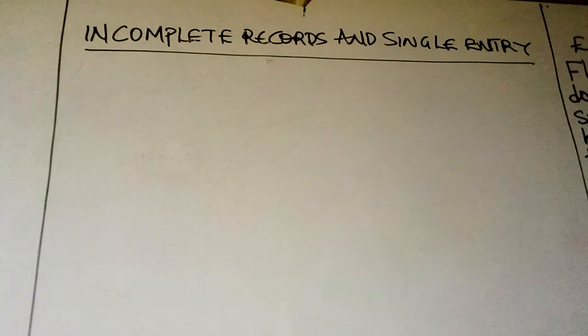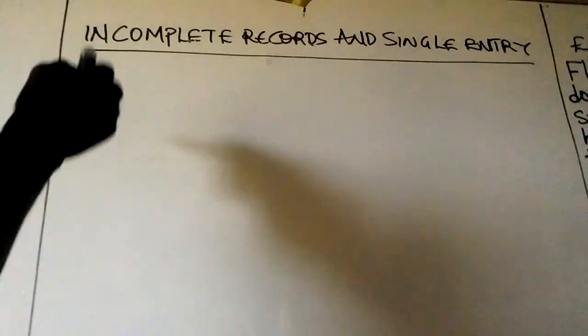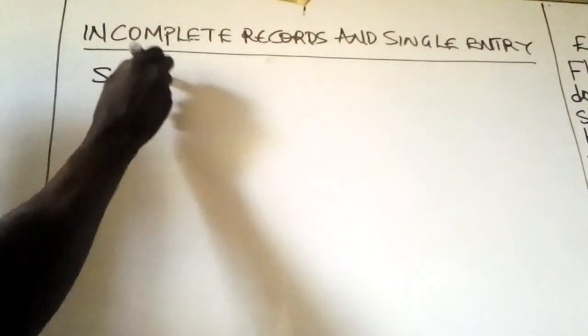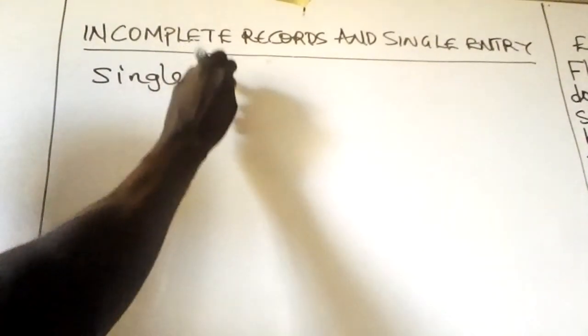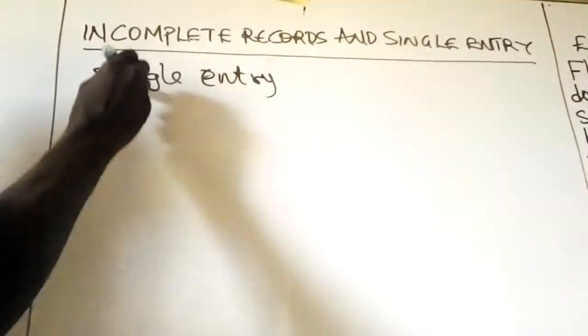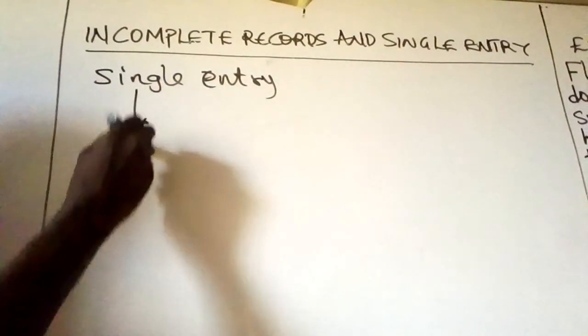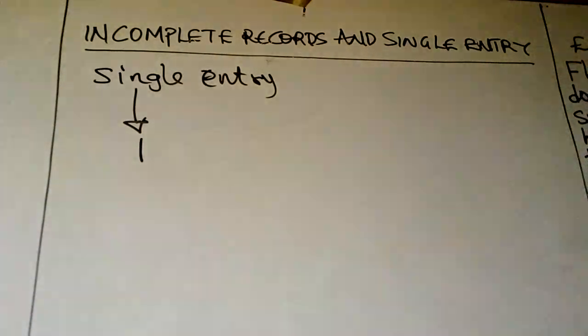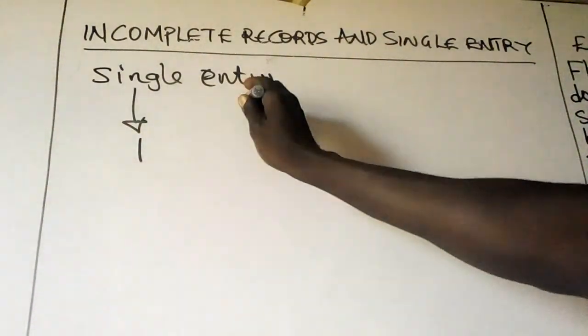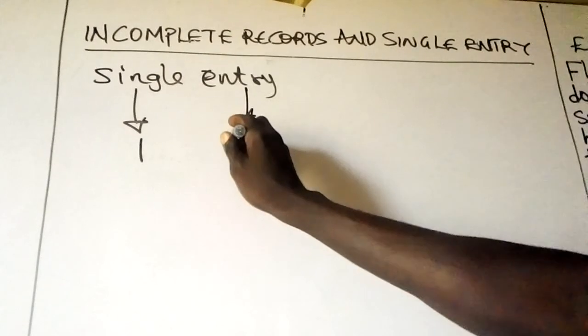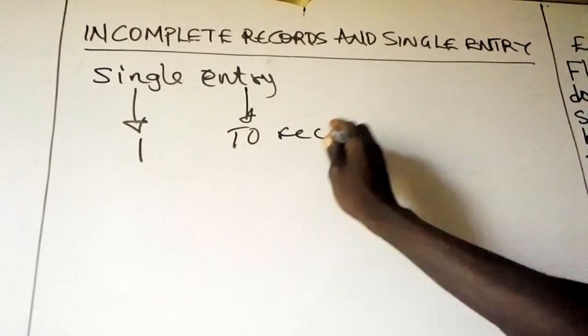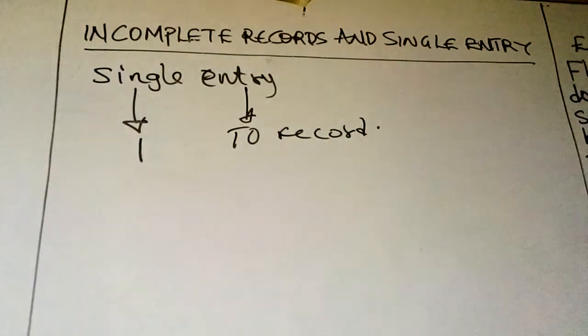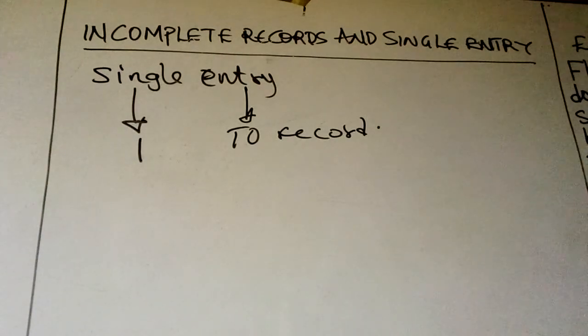What do we mean by single entry system? Single entry. The word single means one, while entry means to record. You know, the principle of accounts is the principle of double entry.